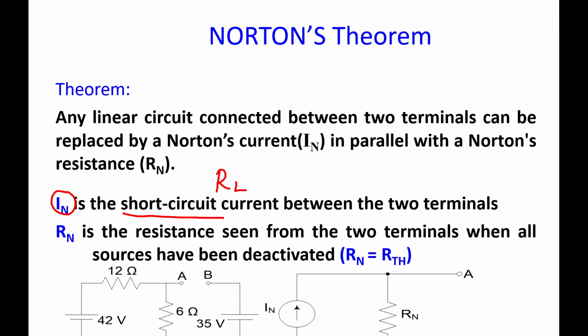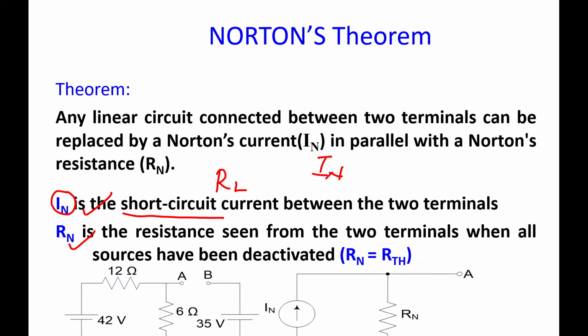These are the most important things you should take notice of anytime you are given a question to solve using Norton. It's the Norton's current as we have here, the Norton's resistance. This is also the total resistance or the equivalent resistance as seen from the two terminals.